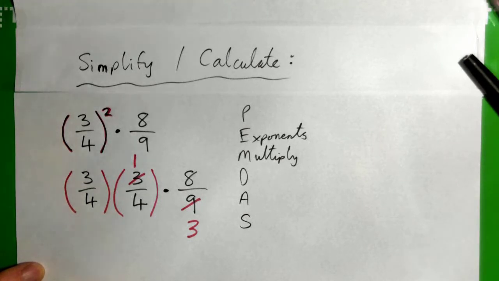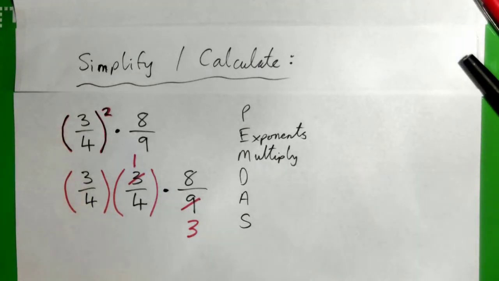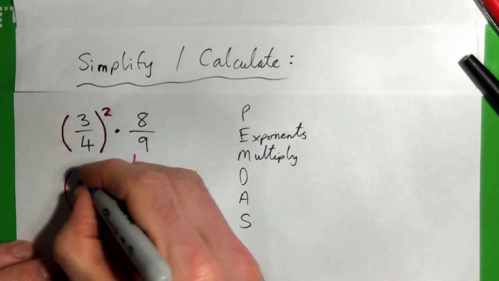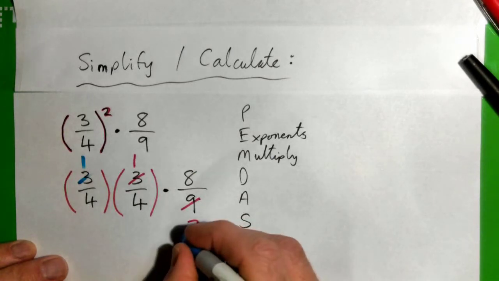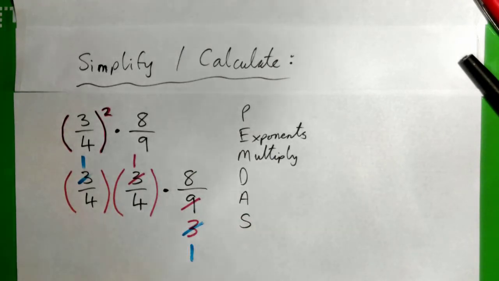Yep, exactly. We can do it again. Let's try that. 3 into 3 goes once. 3 into this 3 goes once, right? Okay, now what else can we cross cancel?